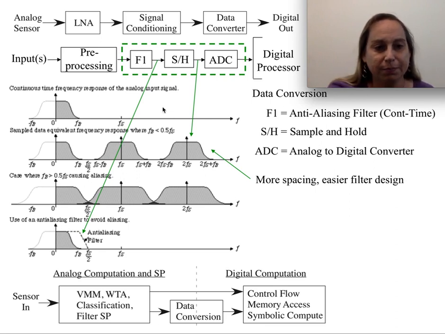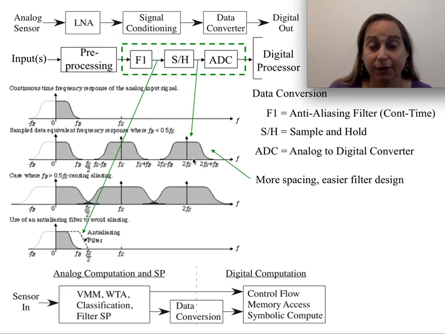This is a nice picture, and I will give credit to Phil Allen's notes, when we were co-teaching classes together at Georgia Tech. It's a really nice perspective: think of this as the continuous frequency response of something. When you sample it, what happens? Effectively I modulate it into multiple frequency spaces.